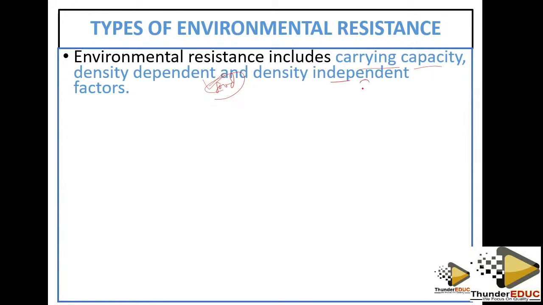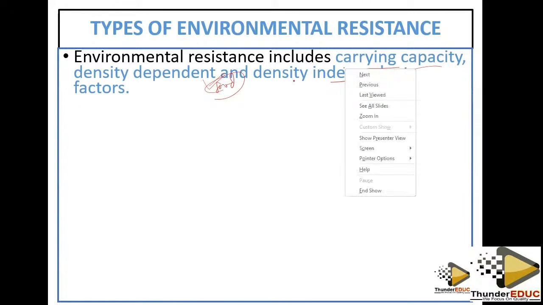But if you look at sunlight, it doesn't matter how many individuals are there. It doesn't matter whether you're still sleeping or out, the sun will come out. Those factors which do not depend on how many individuals are there, we call them density independent. They don't depend on the density.